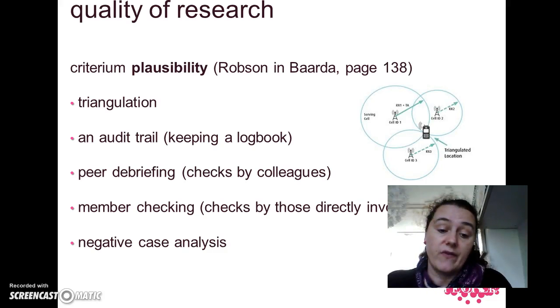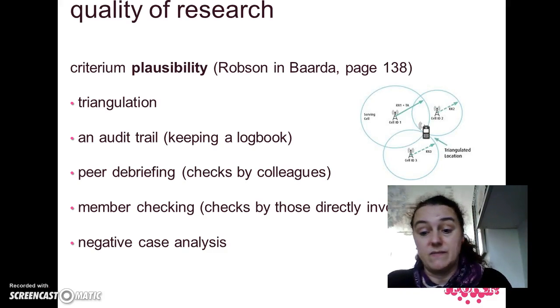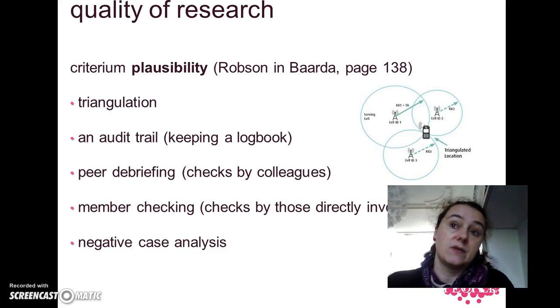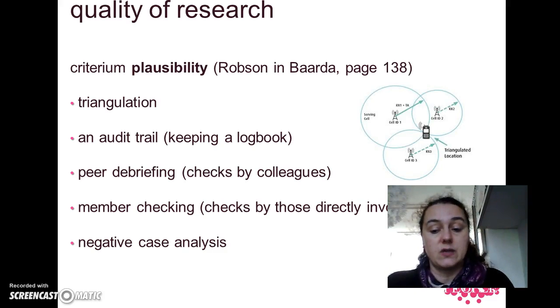Sometimes you already have negative cases inside your data. So maybe 10 people say very positive things about your product, or 10 people are on the positive side of an element, and you had one that wasn't, then of course it's true that most people do, but going extra in analysis of the negative case can help you to have a good look at the validity of the things based on the positive cases, and in that way reinforce the quality of your research.